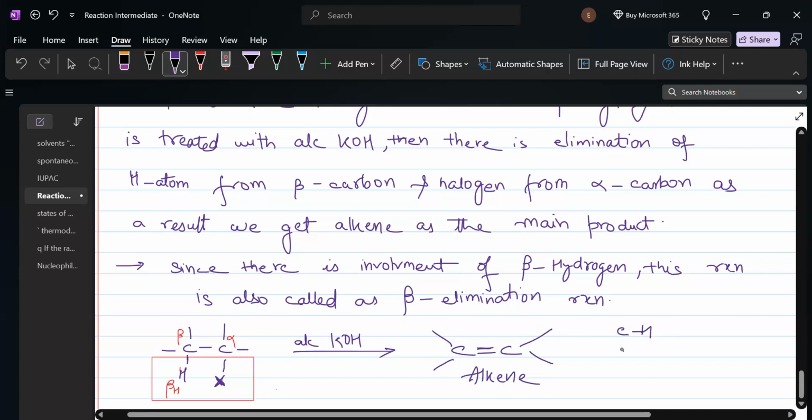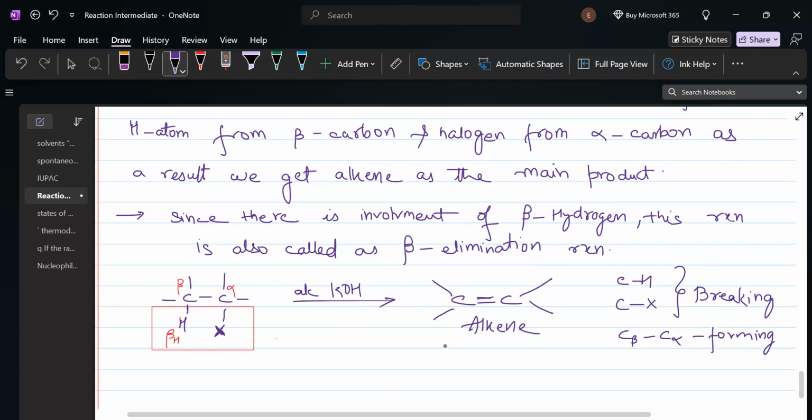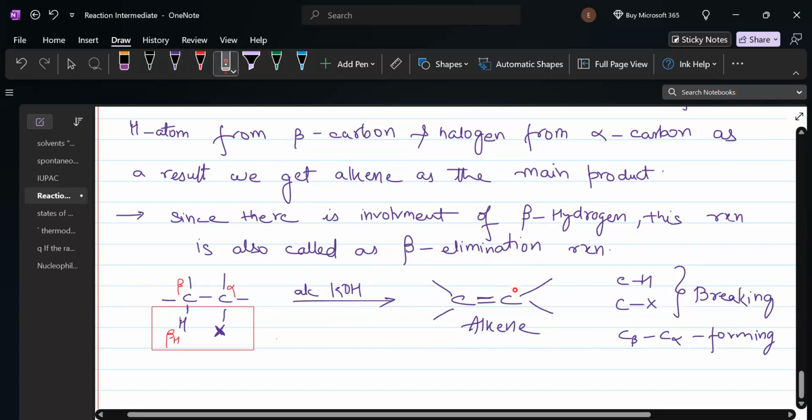So the C-H bond and C-X bond are breaking, and a bond between the beta carbon and alpha carbon is forming. Are we good till here? Yes, sir. Khadija? Yes, sir. Since beta hydrogen is gone, that is why it is called beta elimination reaction.